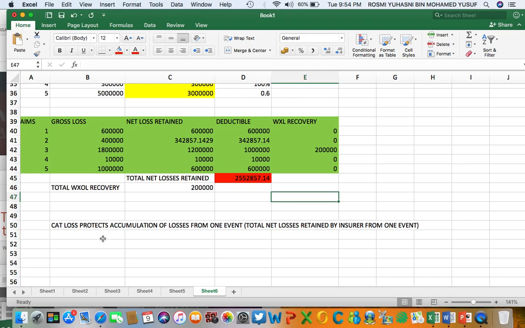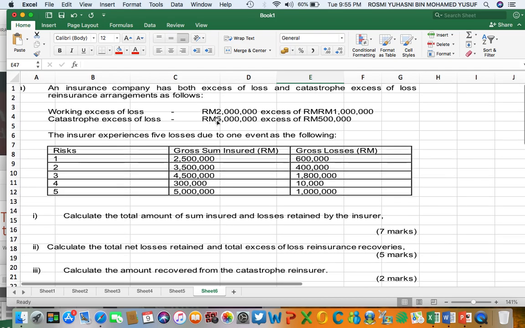So the function, the objective, or the main role of catastrophic excess of loss reinsurance is to protect this amount, the accumulation of losses suffered by the insurer from one event. So knowing that the maximum cover of the catastrophic cover is 5 million in excess of 500,000, and it works similar to working excess. So this 500,000 is the deductible, and this is the maximum cover protected by the reinsurer.